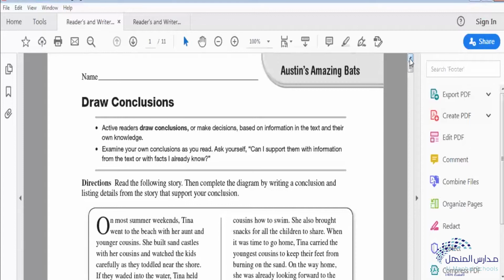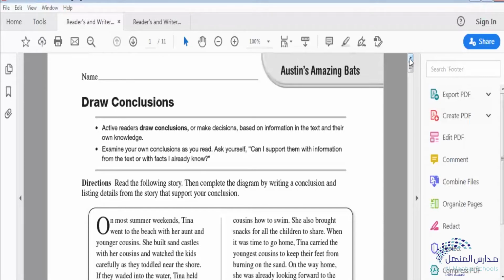Can I support them with information from the text? Do I have the facts? Do I have facts that I already know? Or can I support them with information I have from the text? This is how we confirm our conclusions or we draw our conclusions. You must have information or facts from the text based on your own knowledge.